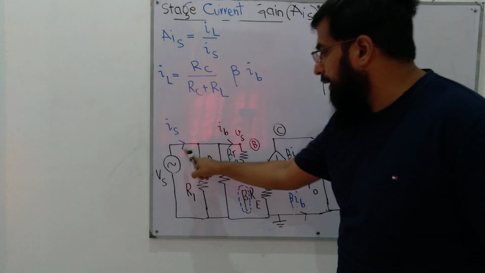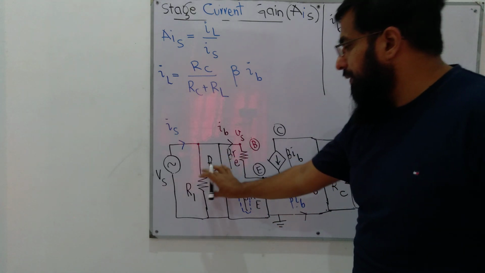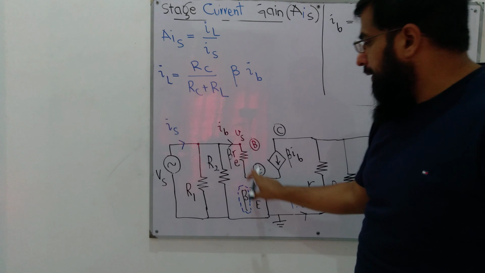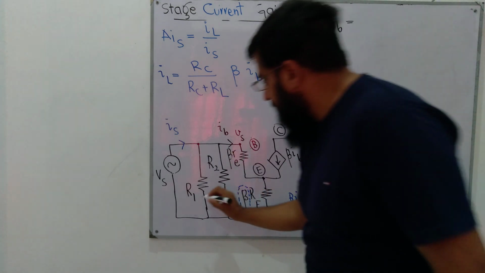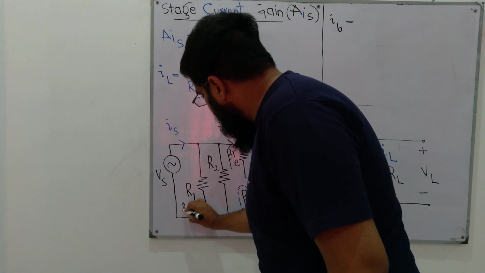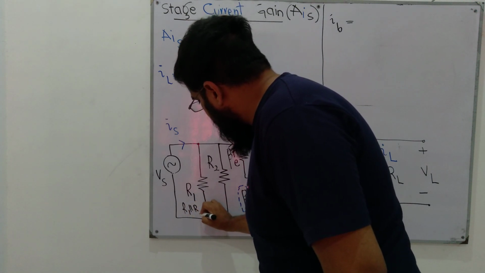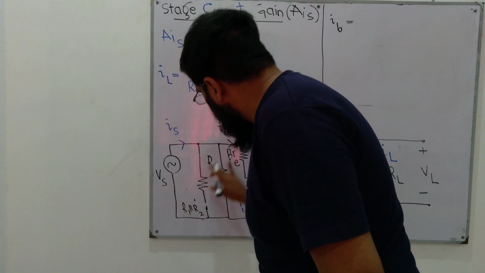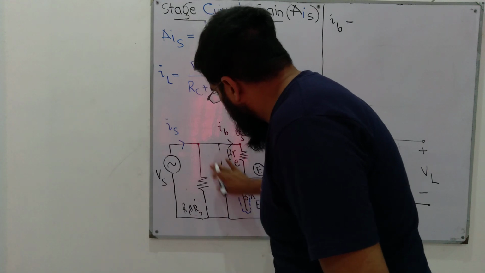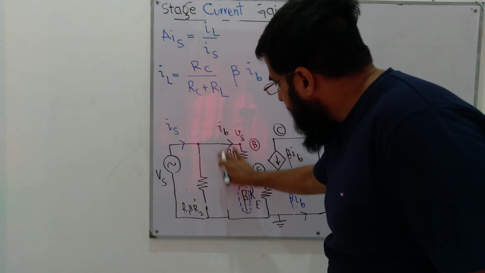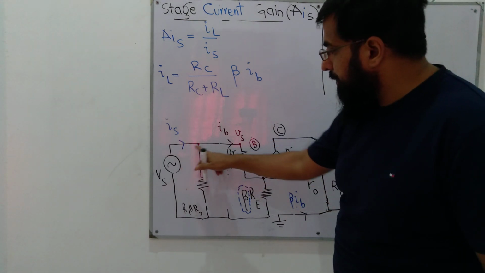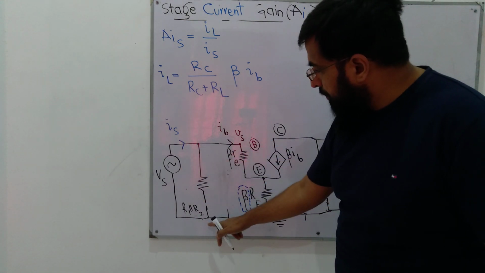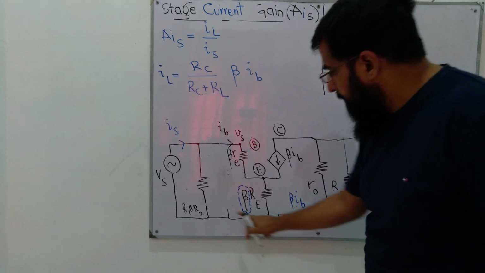So now we have this IS current that divides between this parallel combination and this combination. So it has two paths. We can replace it with one resistor that is R1 in parallel with R2 and get rid of this other resistor. So now we have two paths. This IS divides. Part of it flows through this path, part of it flows through this path.